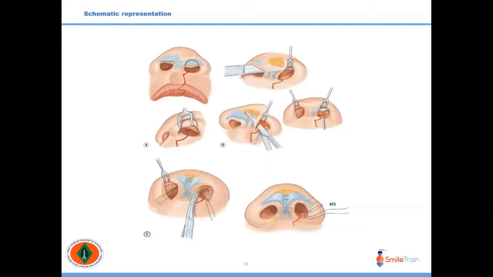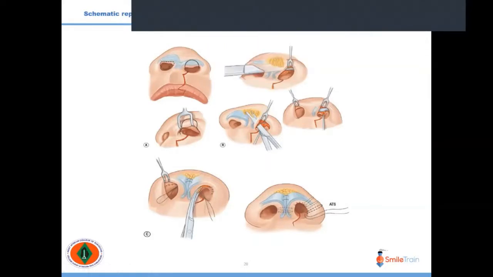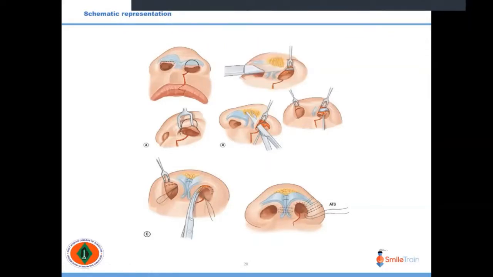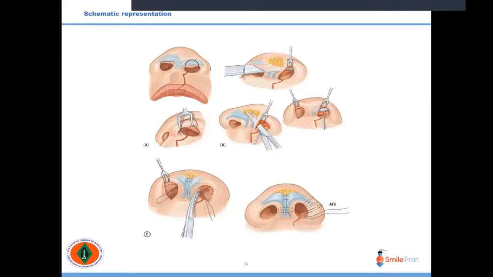You elevate it and using sutures, it's done in a way to reposition it back into its anatomical configuration and also raise it slightly higher than the non-cleft side lower lateral cartilage. Then the sutures are tied.